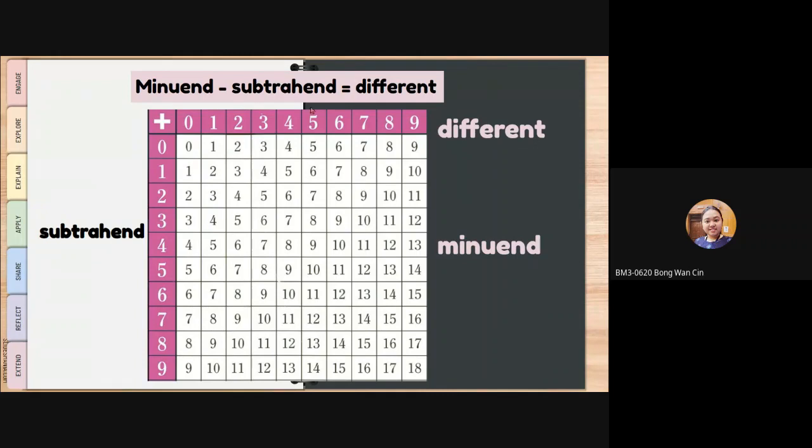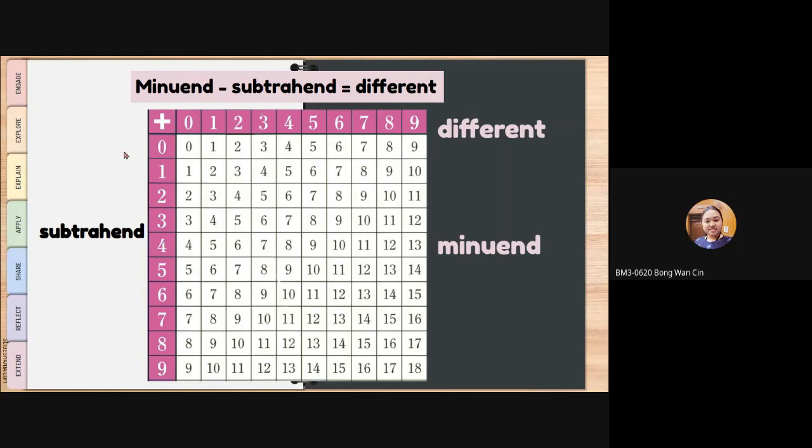So we can learn the basic facts using this addition table, but the way of reading is a little bit different. For this table, the white part is the minuend, and the purple part at the left is the subtrahend, and above the table is the difference.